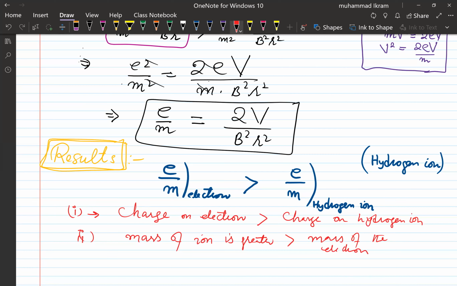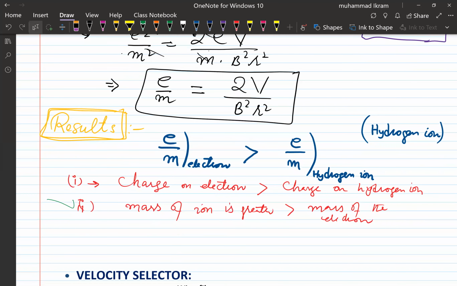Better I would write that the mass of the electron is less than the mass of the ion. And of course, the second part wins. Why? Because hydrogen has only one particle in its nucleus, that is the proton. Experiment shows that the charge on the electron is the same as the charge on the proton. So the first inference never happens.